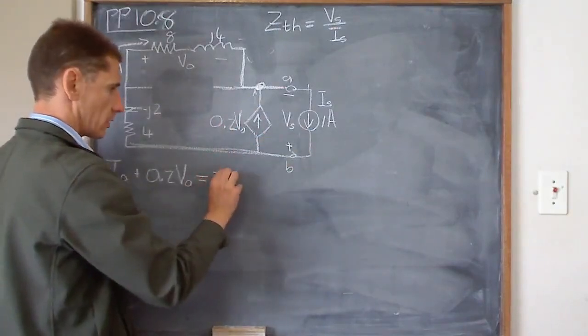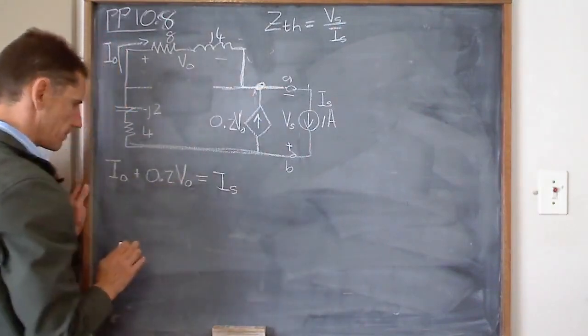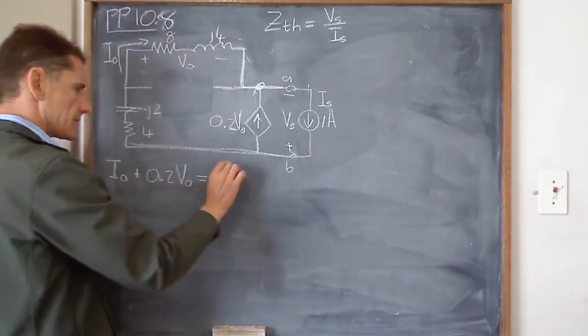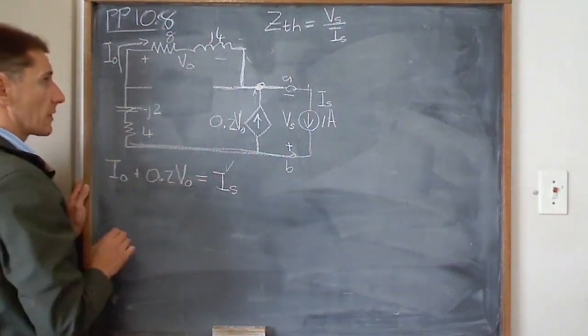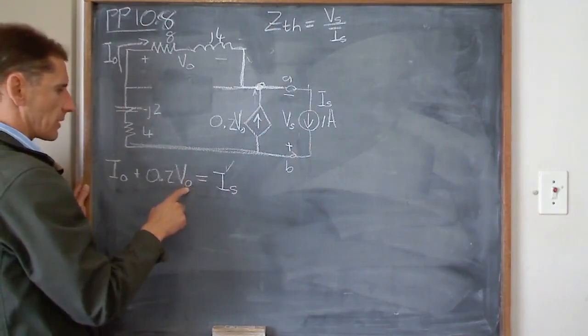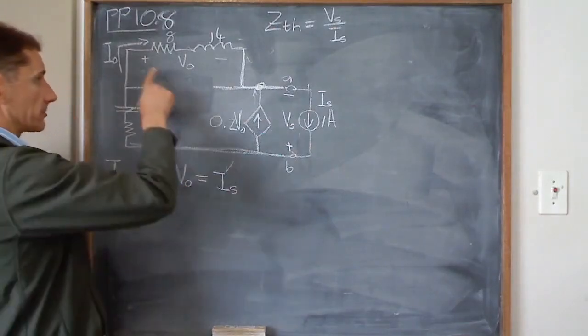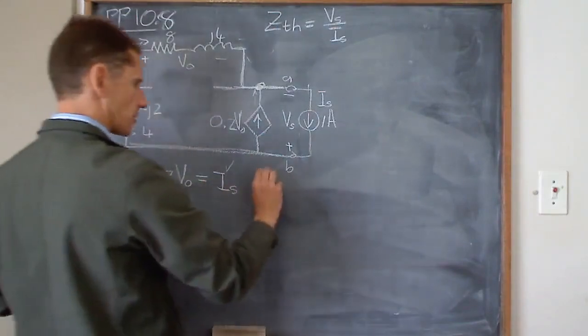So that must equal IS. That's just the equation at that node. IS, we know what that is. I out is the one that I'm looking for. So can I get rid of V out and write V out as a function of I out? Yes, you can.